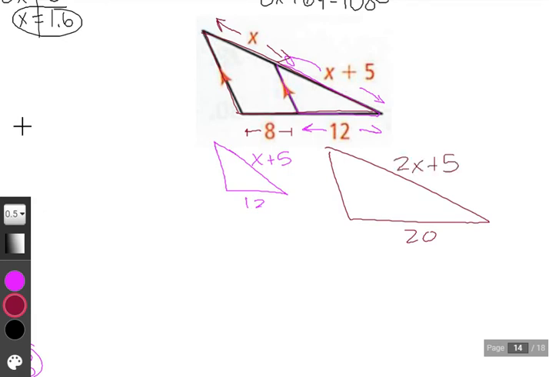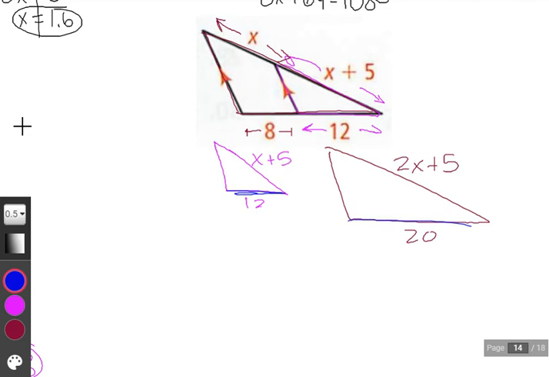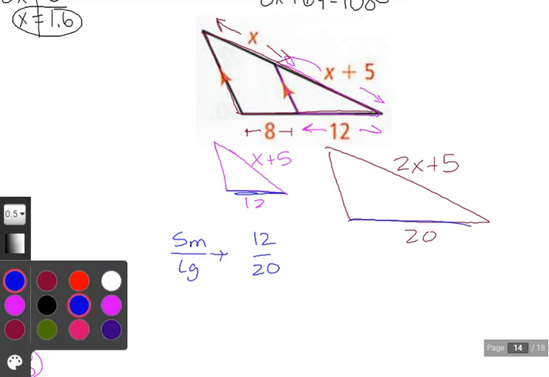Okay, so bottom is to bottom, right? So 12 is to 20. Small triangle over large triangle is equal to top and top. Small triangle goes on top.